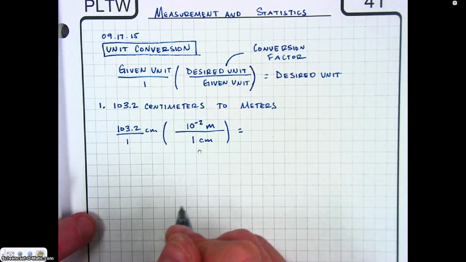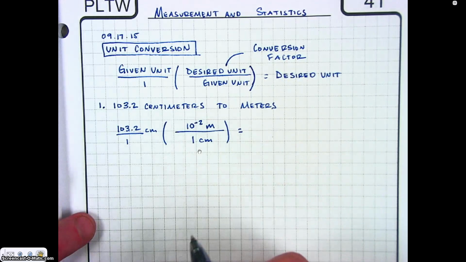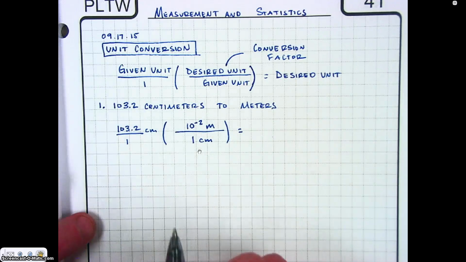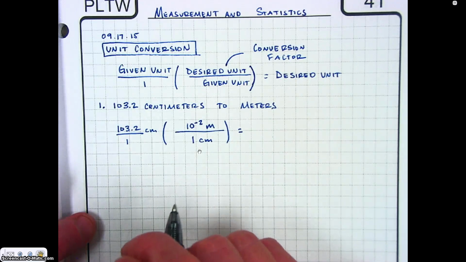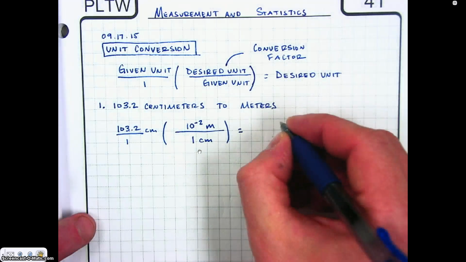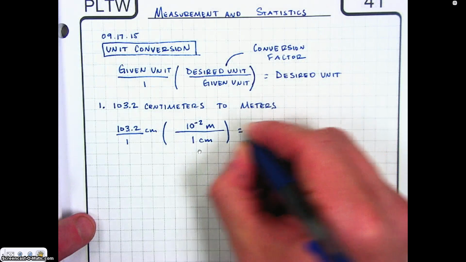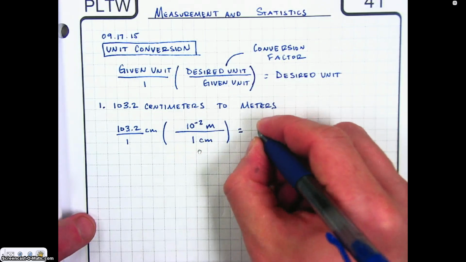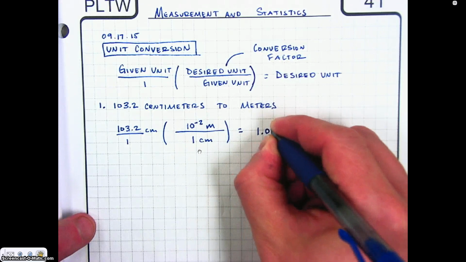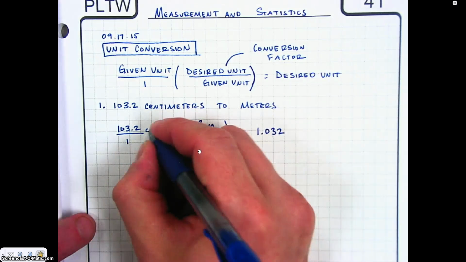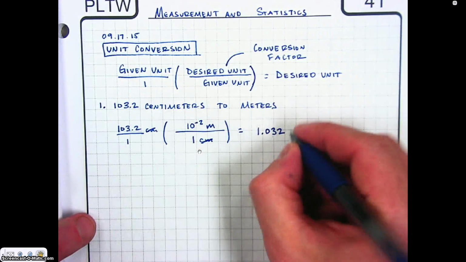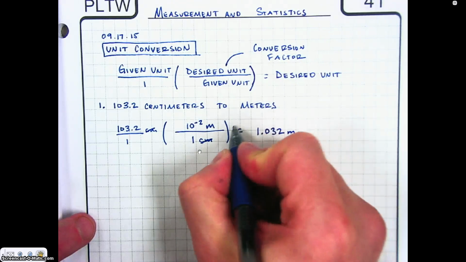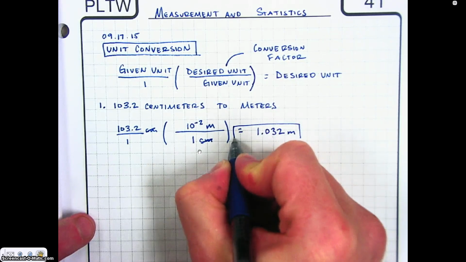If you don't want to do that, you can multiply by 1/100th, the decimal equivalent, and you'll get the same answer. If we move it 2 places to the left, because it's a 10 to the negative 2, we get 1.032. Our centimeters cancel out, and we get meters. So I'll box that answer in.